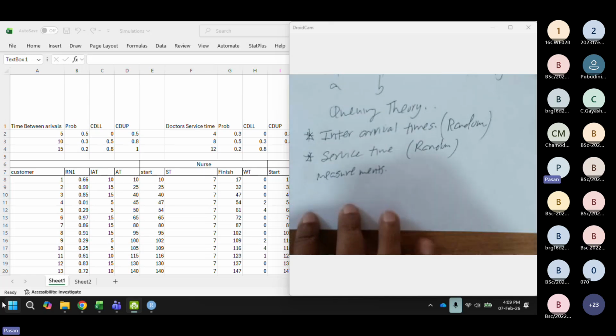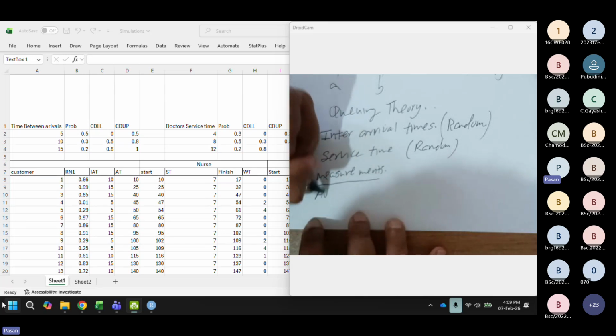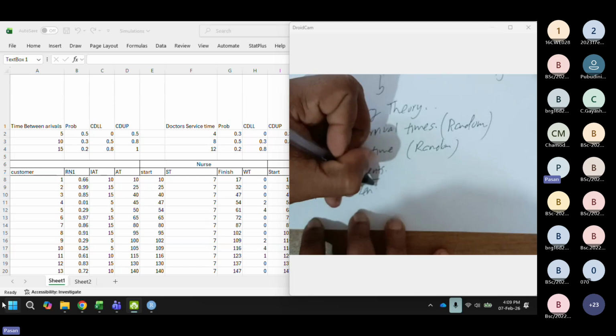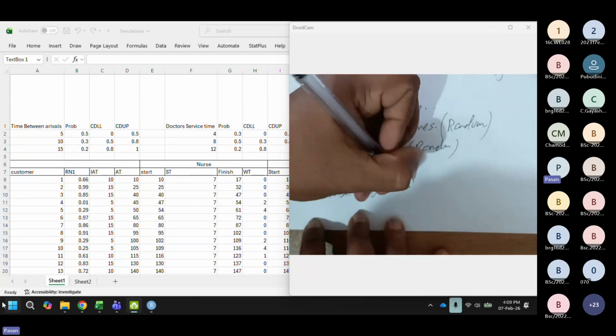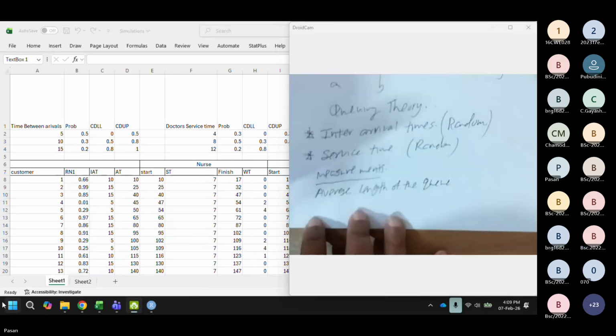So our measurements that we like to have. In general, I can define the average length of the queue, right?